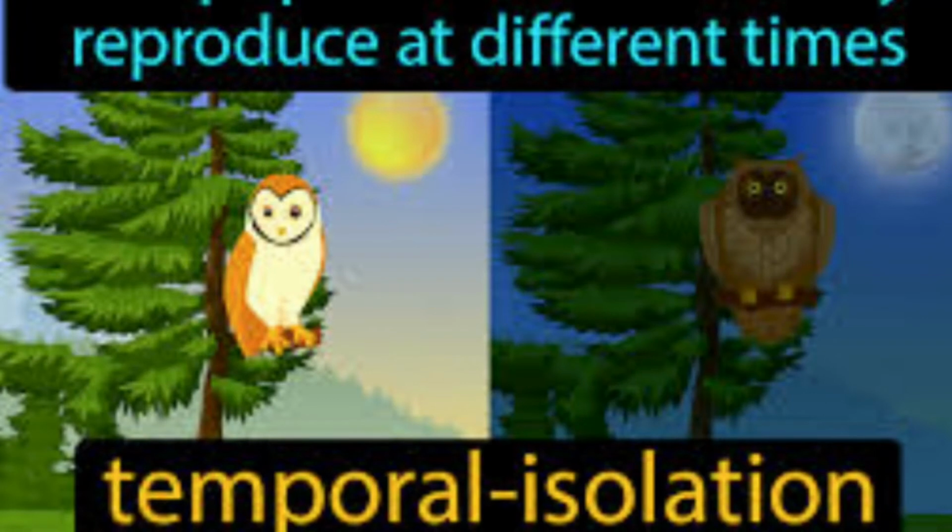All right, so the next word is temporal isolation. Temporal isolation is when they want to sexually reproduce at different times of the day or different times of the year. You can also say populations may mate or flower at different seasons or different times of the day.